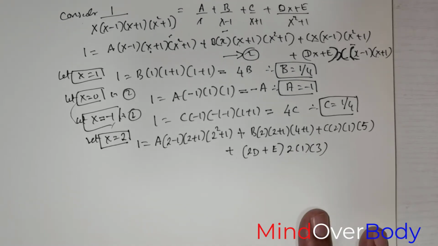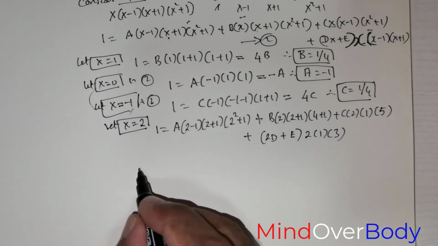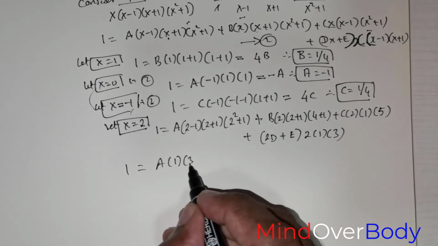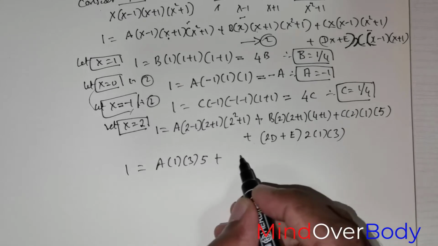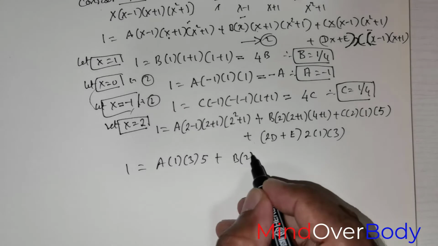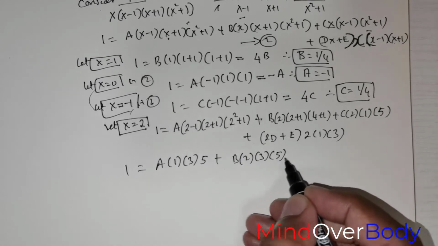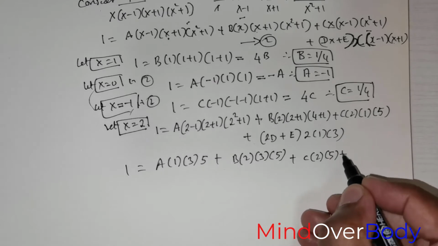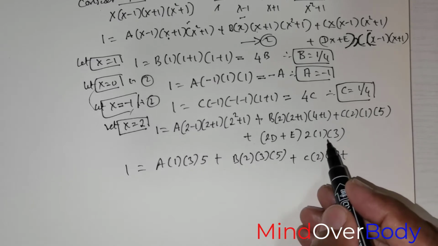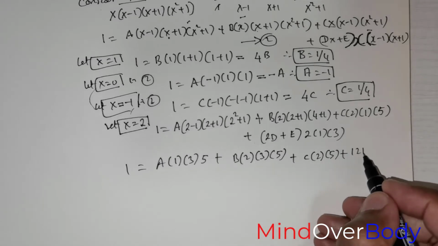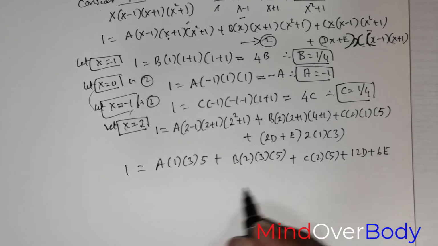So this will be equal to a of 1 and 3 and 5, b of 2 and 3 and 5, c of 2 and 5. This is going to be 6, so 6 into 2, 12d positive 6e.